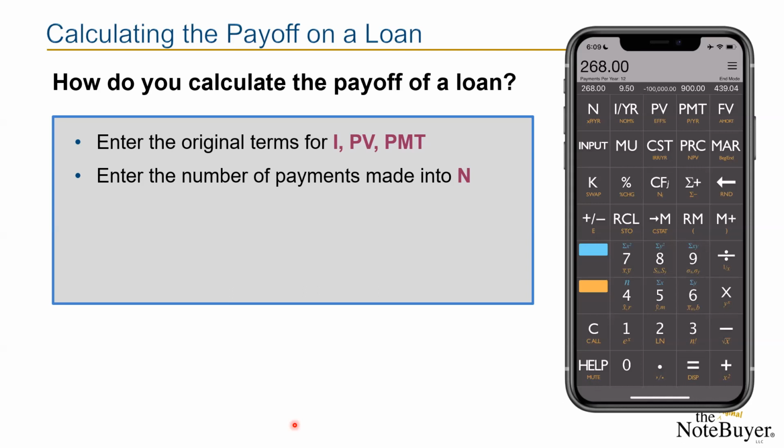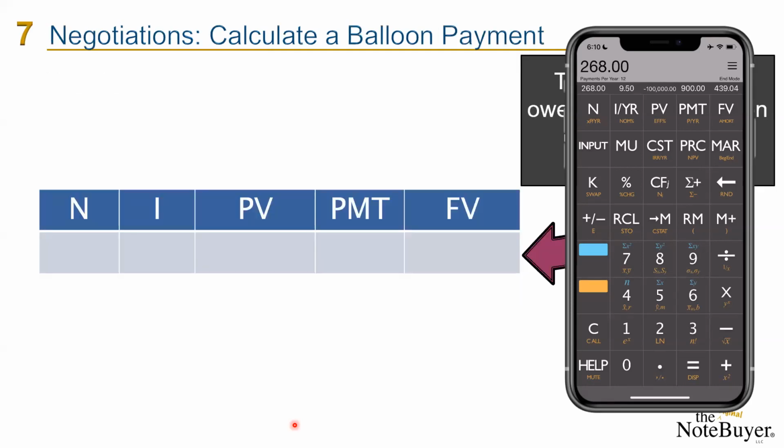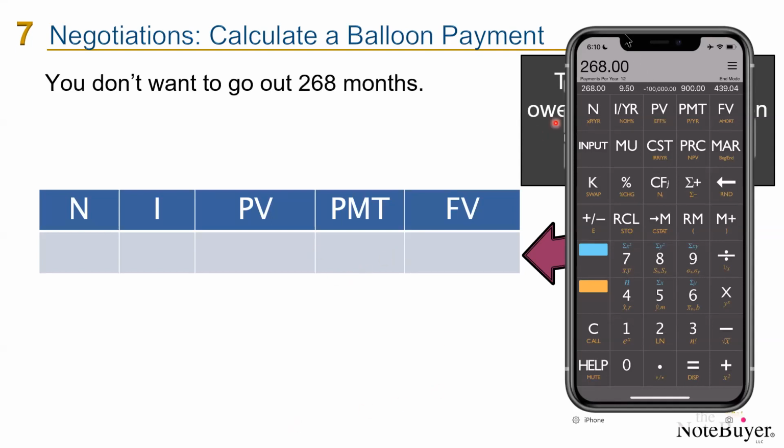Okay, so if they pay it off early, you put however many payments that they have made, and then you simply solve for FV. And then remember to add FV onto that last payment. Okay, so we'll do it on this one here.